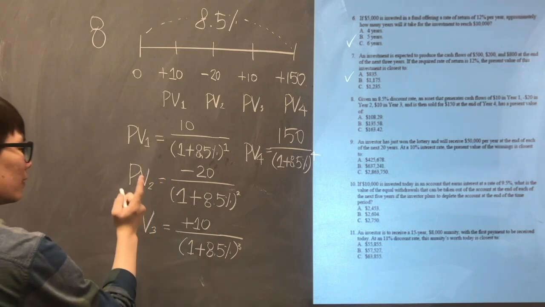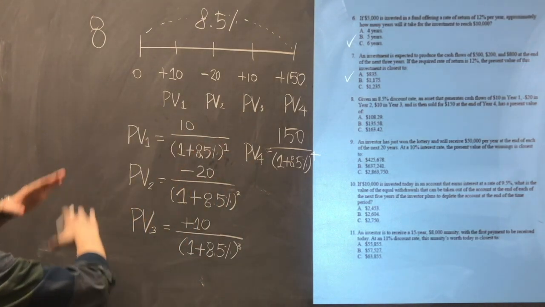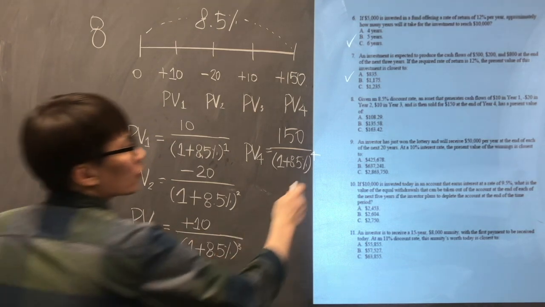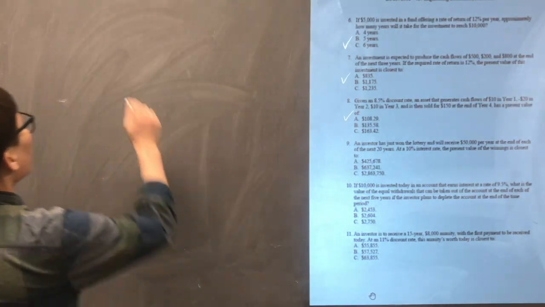Calculate this, this, this, this. And the sum of these 4 numbers is close to $108. Sounds good?